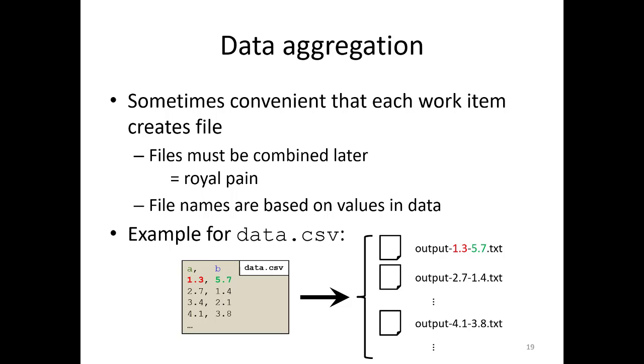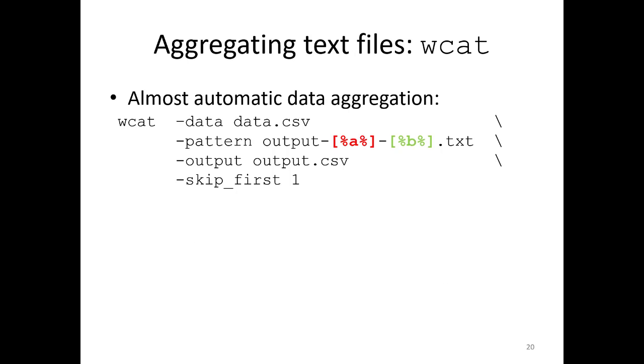So for the first row we have a equal to 1.3, b equal to 5.7, and that is reflected in the first output file, output-1.3-5.7. So this is a possible approach in order to do that. But then again, you need to combine a lot, and that might be a bit problematic.